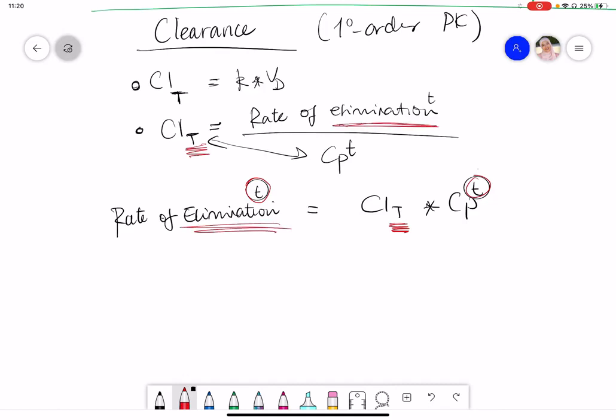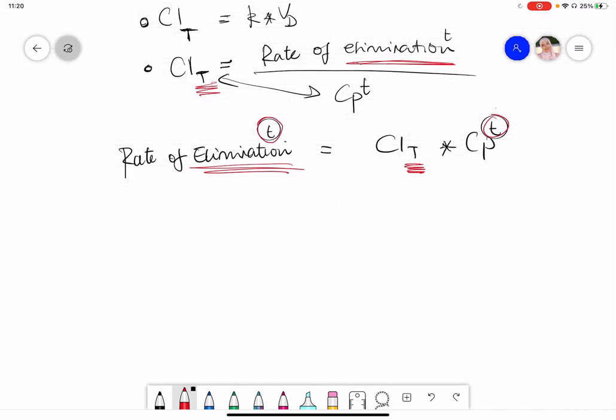So accordingly, this is mass over time. If you just determine the unit of this, you'll find the unit of that.